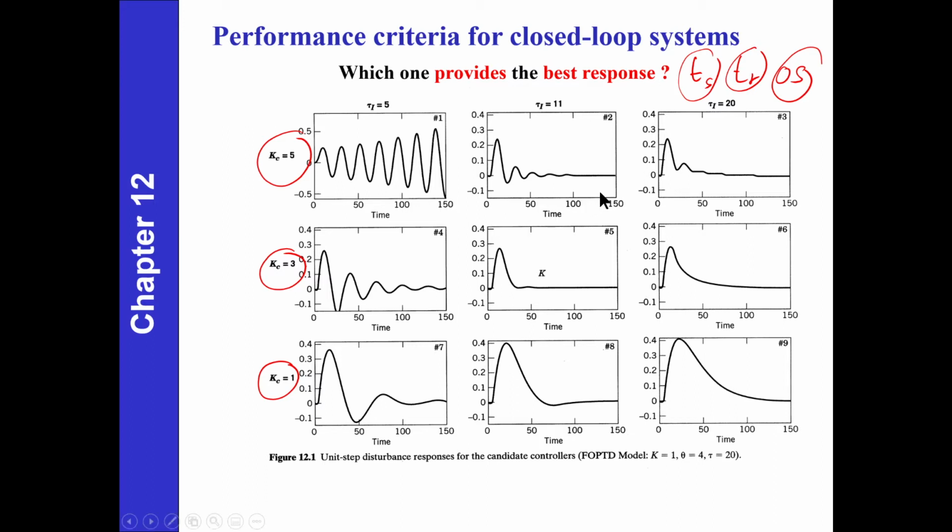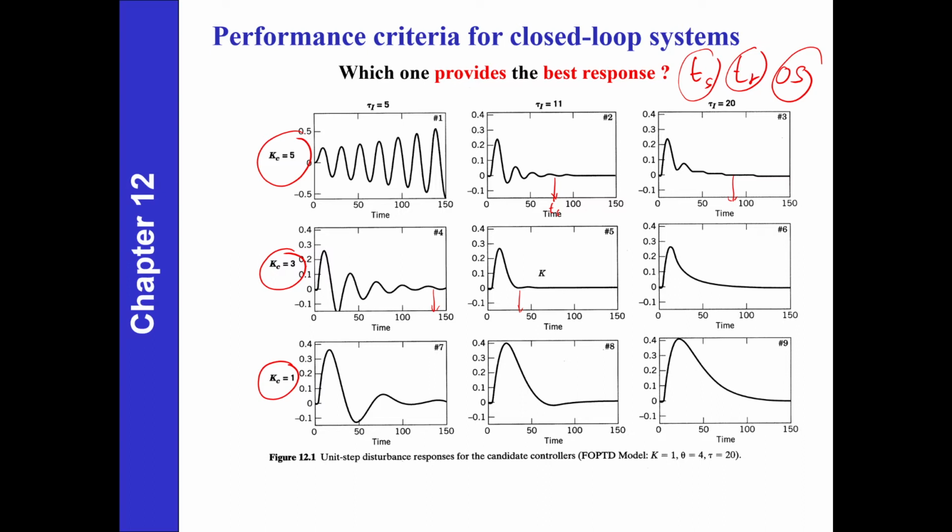Just calculate the settling time for each of these responses. Okay, so for example here, the settling time is about here, maybe around here also, and this one maybe around here, and this one could be here.